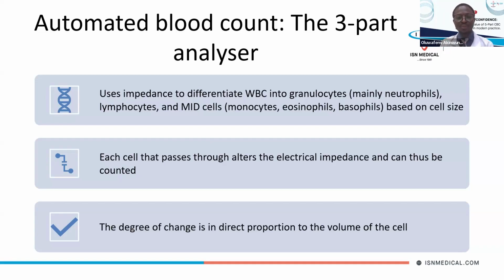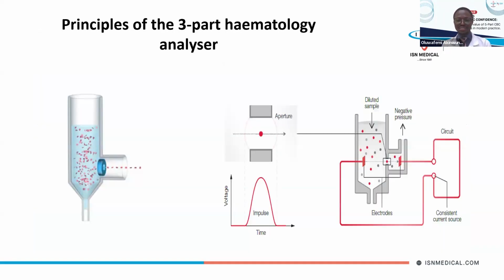Now, this is just a simplified diagram of what I've been trying to explain as the basic principle of the 3-part hematology analyzer. If you look at the picture on your left, it shows the cells being aspirated into the system. Then it comes to the fluidics part of your analysis.